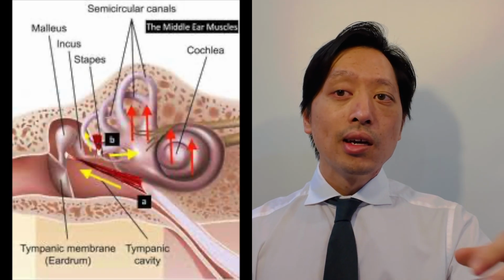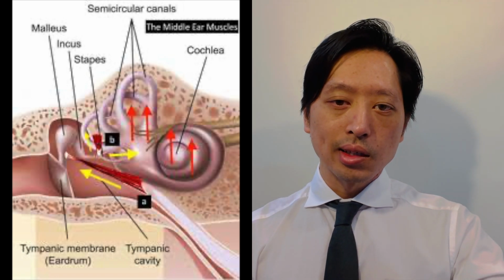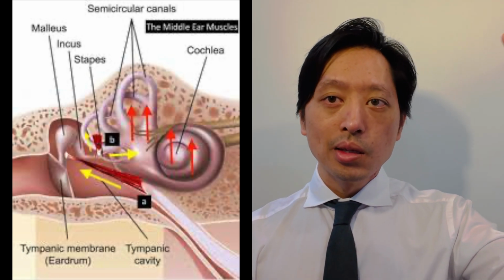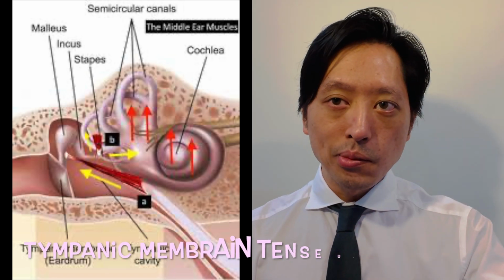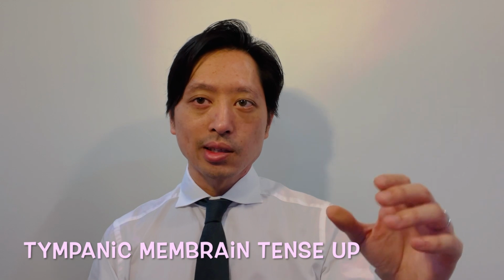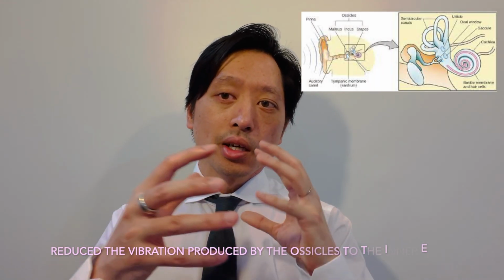So what happens is that when we chew food, the tensor tympani muscle will tense up, and when that muscle contracts, it's going to pull down the handle of the malleus immediately, and in turn that's going to tense up the tympanic membrane. So the tympanic membrane is going to act like a shield for your middle ear. There are going to be the ossicles, the three small bones, that vibrate.